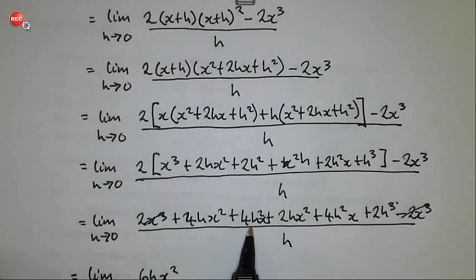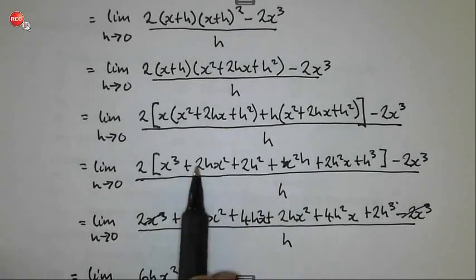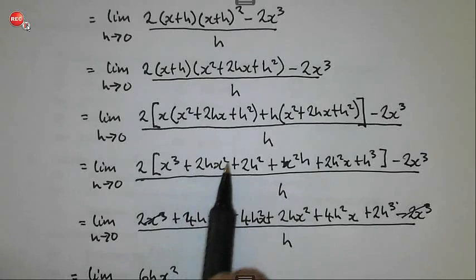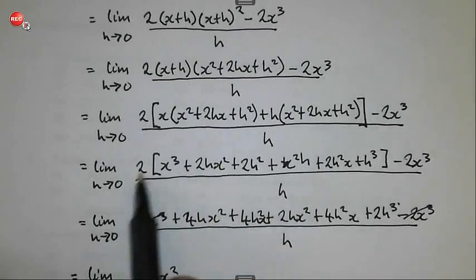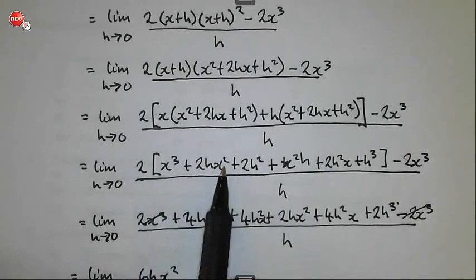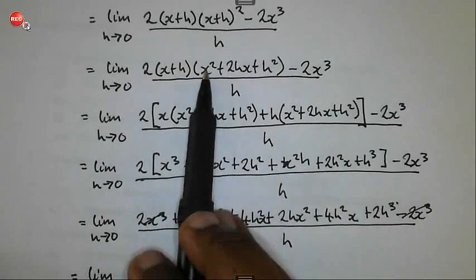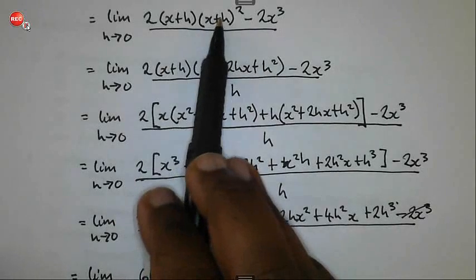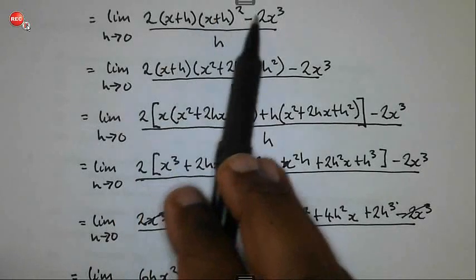There's a 2 outside, still have to multiply in there.